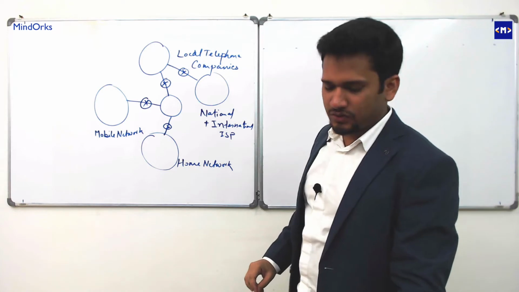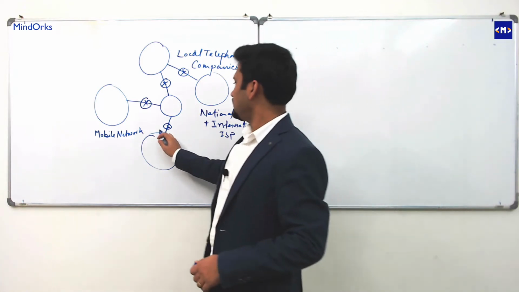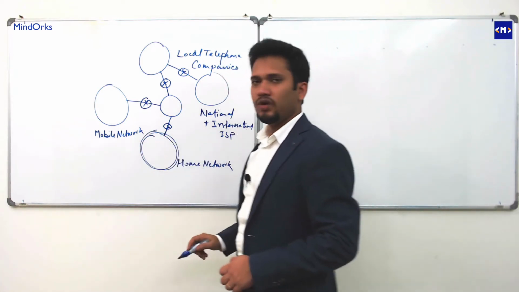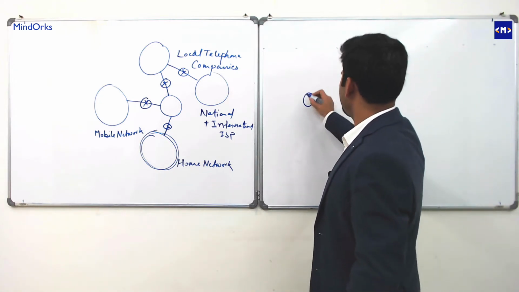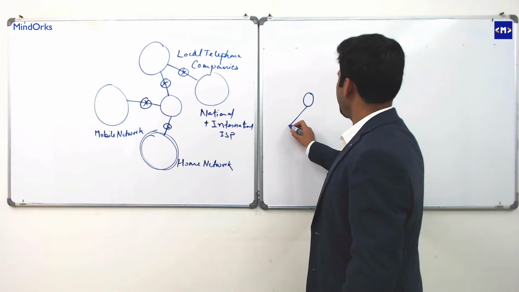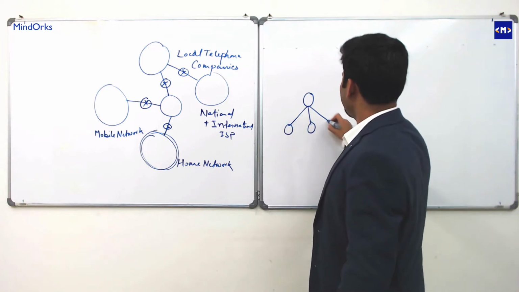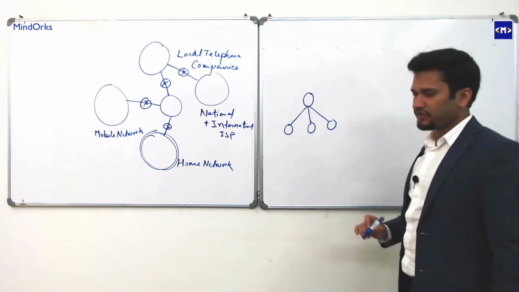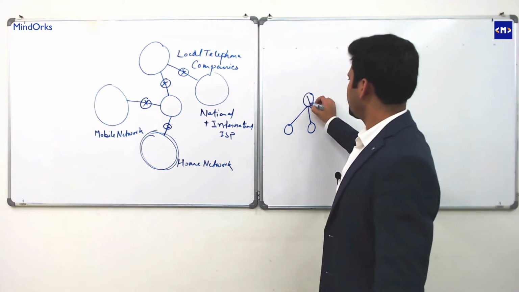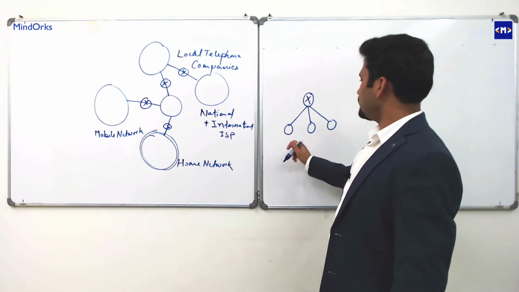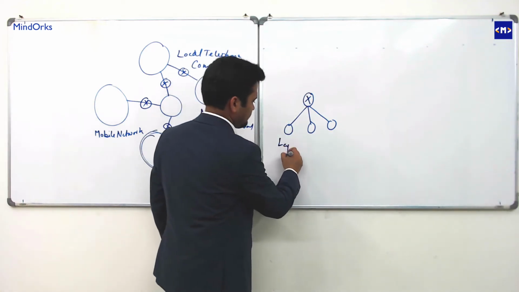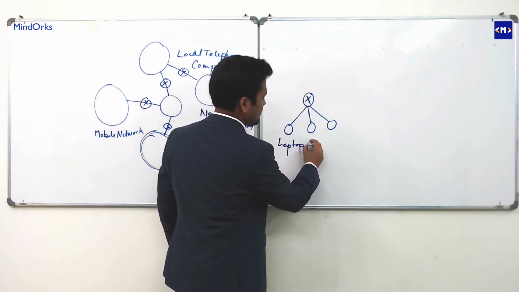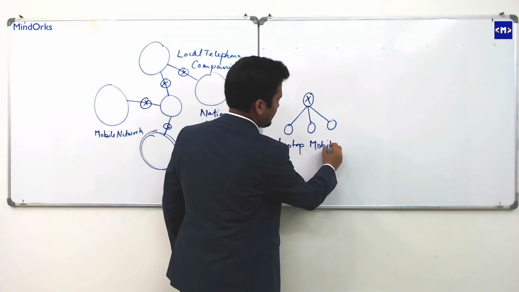If we look at one layer, there will be various systems that are connected. For example, this is your router, and this can be your laptop, your mobile and other devices.